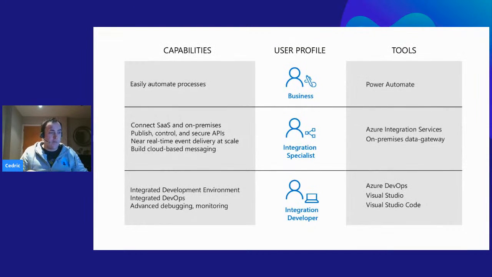One question we get often is, hey, Logic Apps, cool, but there's also this thing called Power Automate. What's the difference? Right, and with this slide, I want to briefly zoom in on that. Power Automate is similar enough to Logic Apps, but it's targeted at your business users, right?